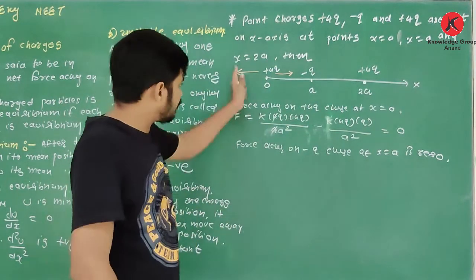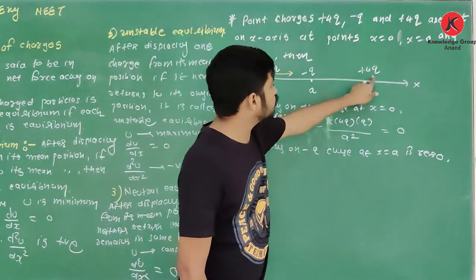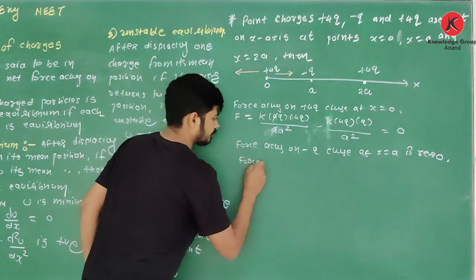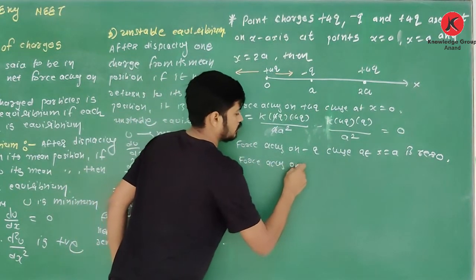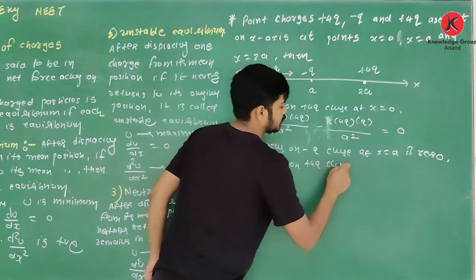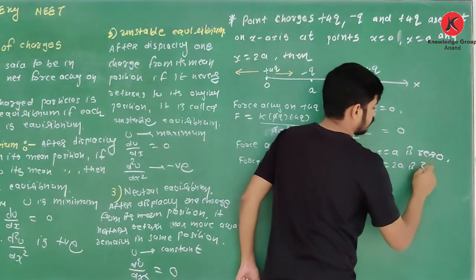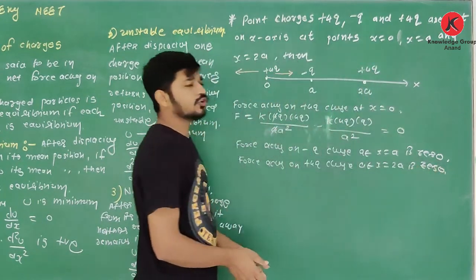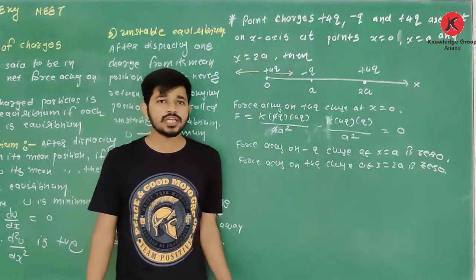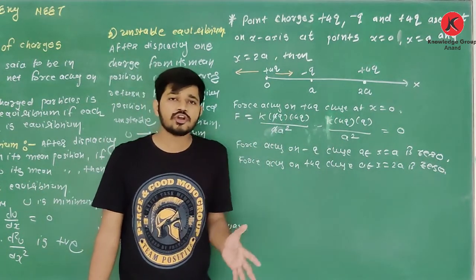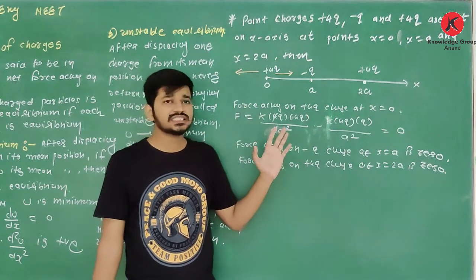And similarly, from symmetry of the figure, force acting on this plus 4q charge at x equal to 2a is also 0. Yes or no? So yes, force acting on each and every charge is 0, which means the system of charges is in equilibrium.